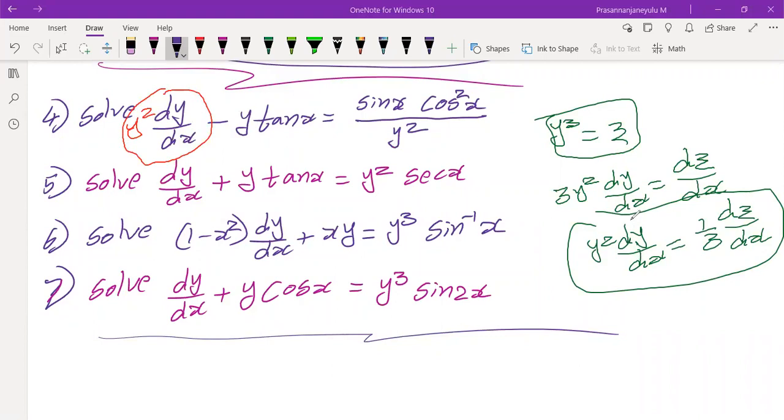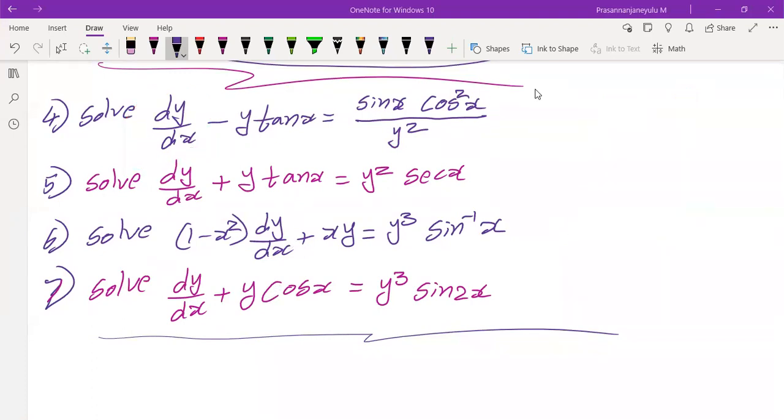What is the left hand side first differential term? Y square into dy by dx. What is the left hand side term after doing differentiation? Y square into dy by dx. So now tell me, is our substitution correct or not? Yes, it is correct. So you go with that substitution, then you can finish it easily. I hope I satisfied the person who asked for problem number 4. Now, going with problem number 6.